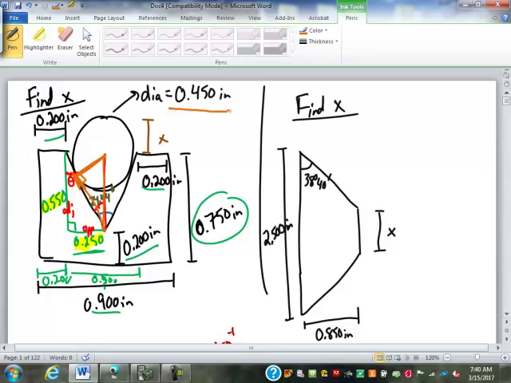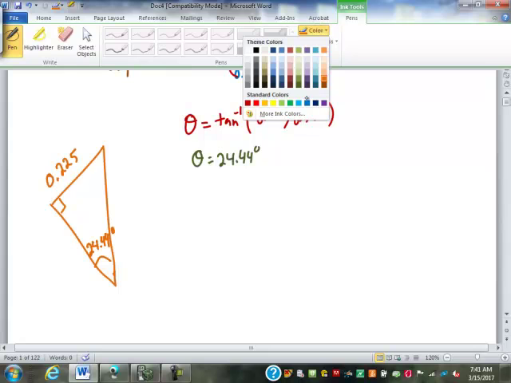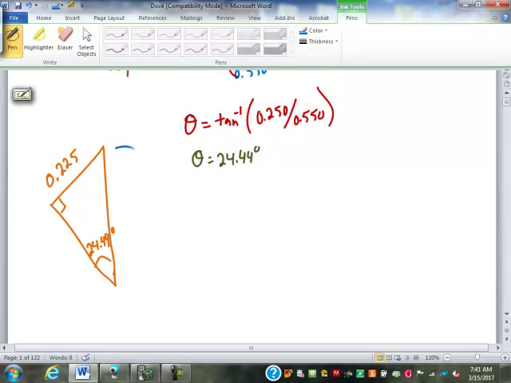Diameter is 0.450, so the radius here is going to be 0.225. And we know that angle of 24.44 degrees. So what we need to find is this side here, which is the hypotenuse of that triangle.